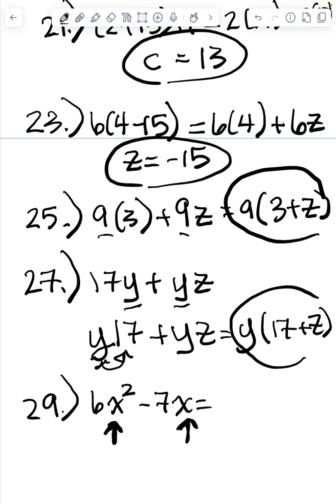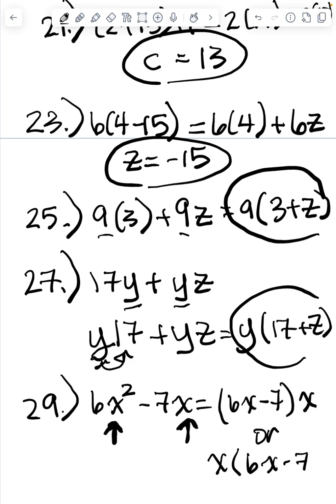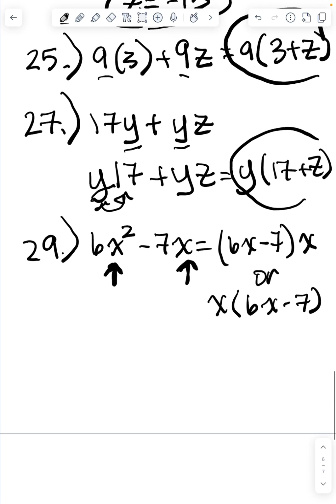Because they have the x's written second, I'm going to write it at the end of my parentheses. If I take one of the x's out of 6x squared, I still have 6x. If I take one of the x's out of 7x, I'm just left with 7. And then I put the x on the end there. It would be fine if the x was in front. It really doesn't matter. It's the same answer.